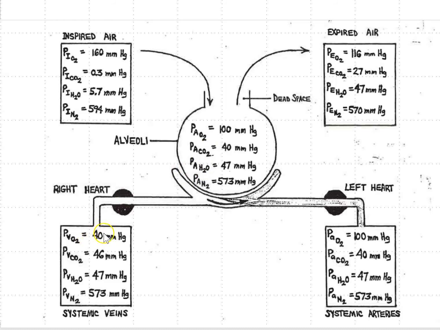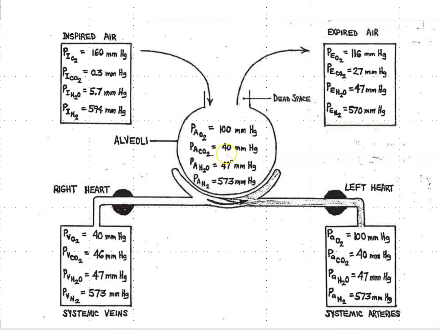And keep in mind, gases move from an area of high pressure to an area of low pressure. So when deoxygenated blood reaches the alveolus of the lungs, CO2 moves from the blood vessel to the alveolus.